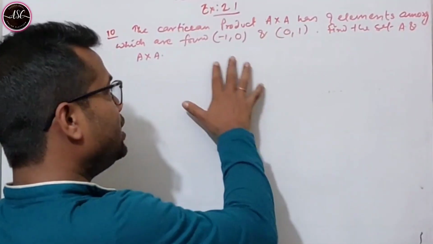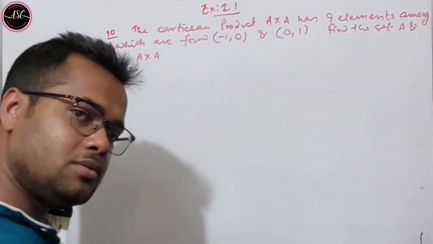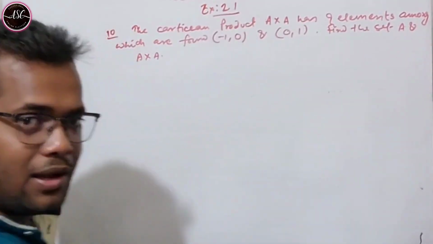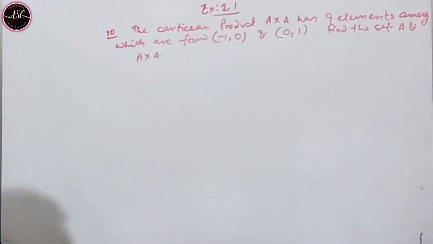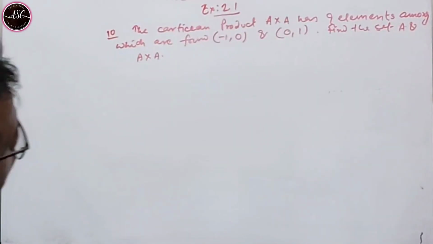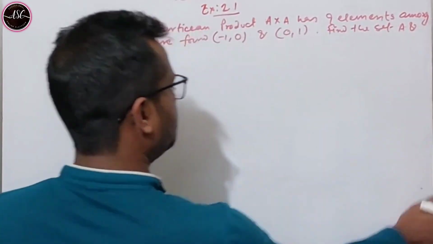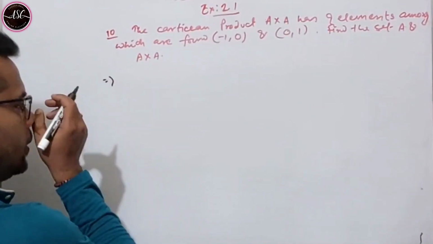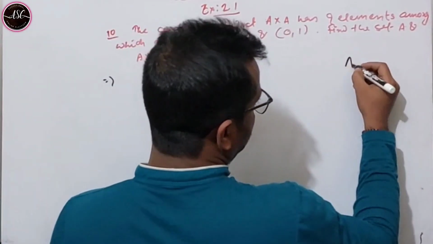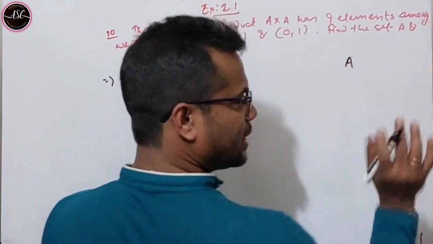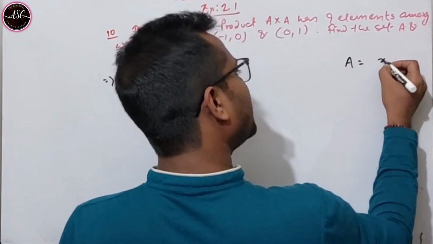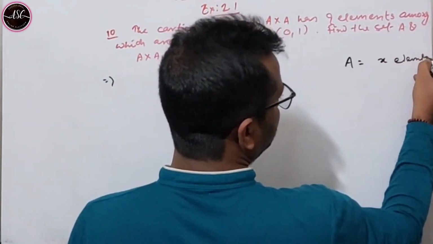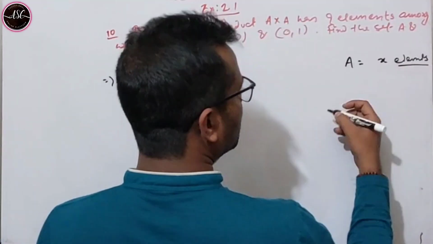Among the 9 elements, these two elements exist. Then find set A and find A cross A. So how? Just imagine A is a non-empty set. Let x elements be here.